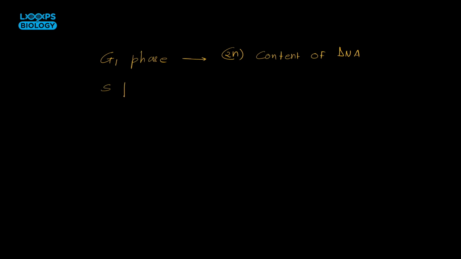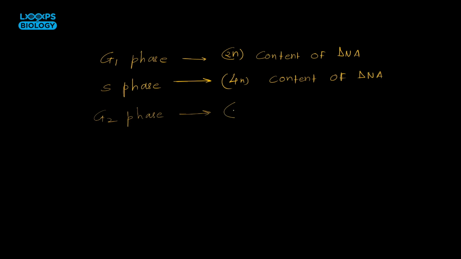In S phase, as we were seeing that even ploidy cells are entering, there will be 4N content of DNA, and we have to divide this content equally within every cell. In G2 phase, there will be no division. The content remains the same, that is 4N content.